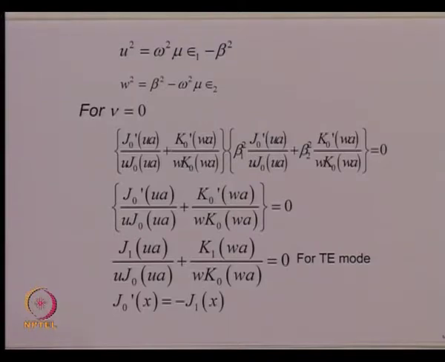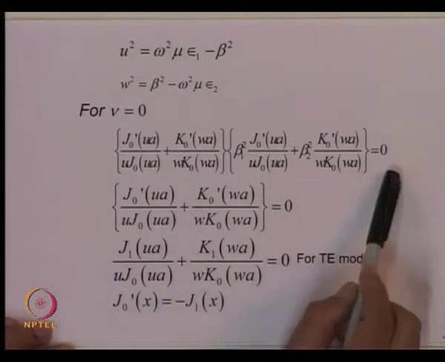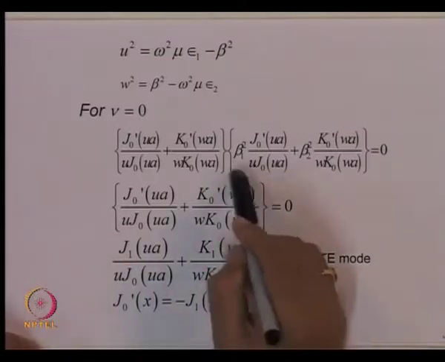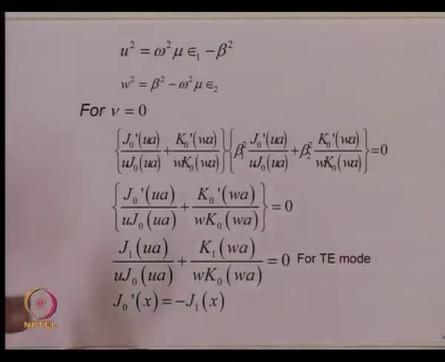So what we find here is that if I had taken a transverse electric case or a transverse magnetic case and gone through the whole exercise of matching boundary conditions and so on, this bracket equal to 0 would come as the characteristic equation for the transverse electric mode, whereas this bracket equal to 0 will come as the characteristic equation for the transverse magnetic mode.